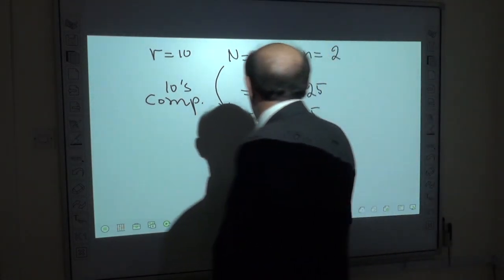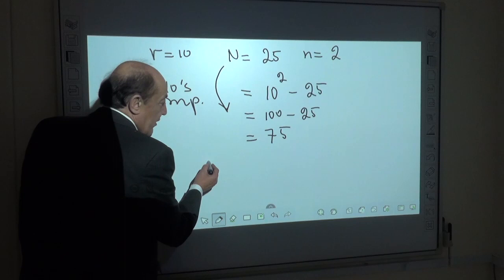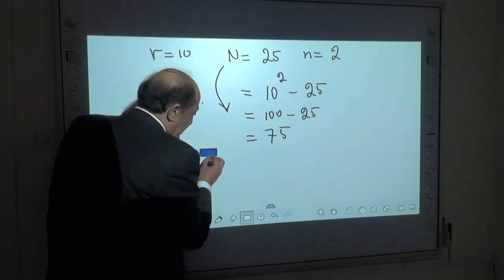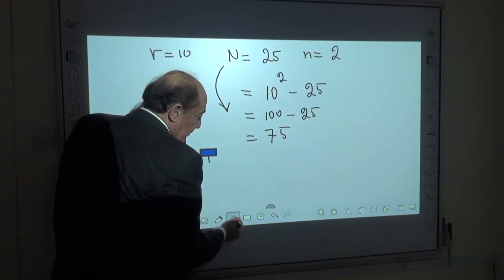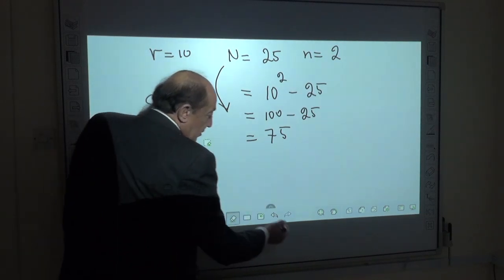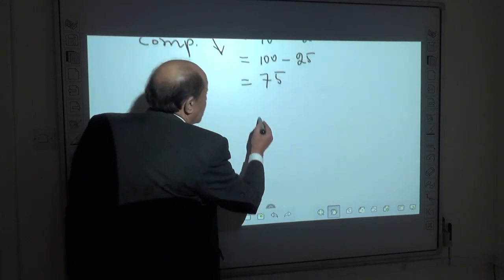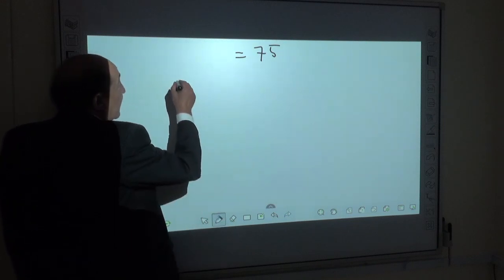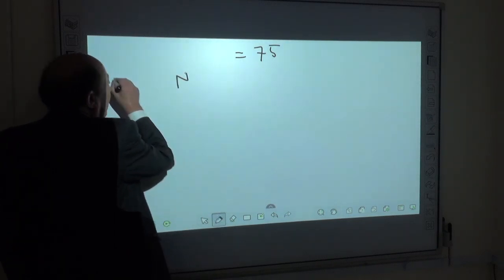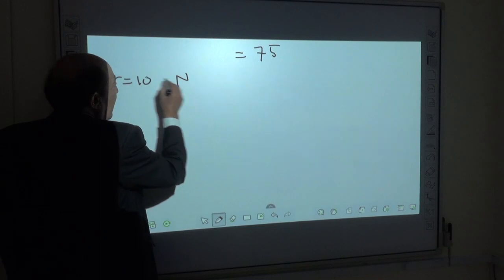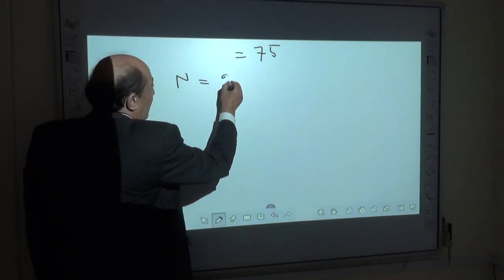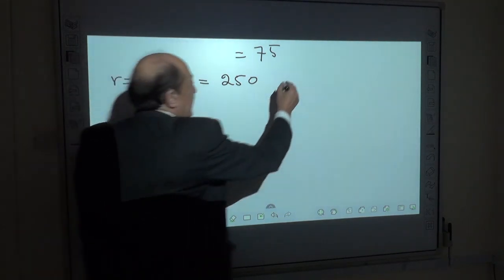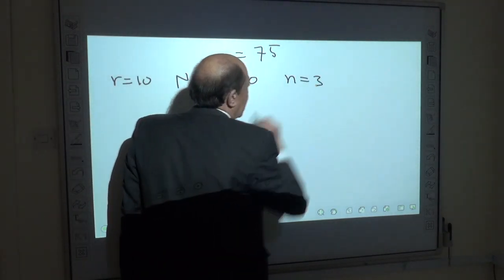For another example, we have the number r in decimal equal 10 and the number n is equal to 250. Then small n equals 3.